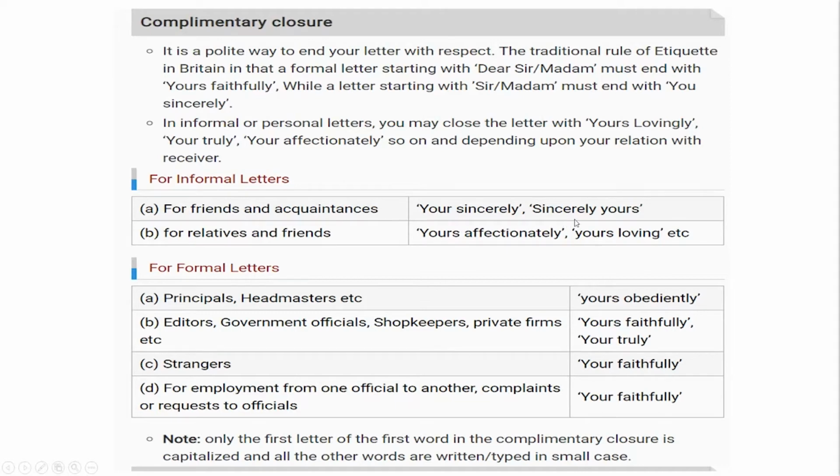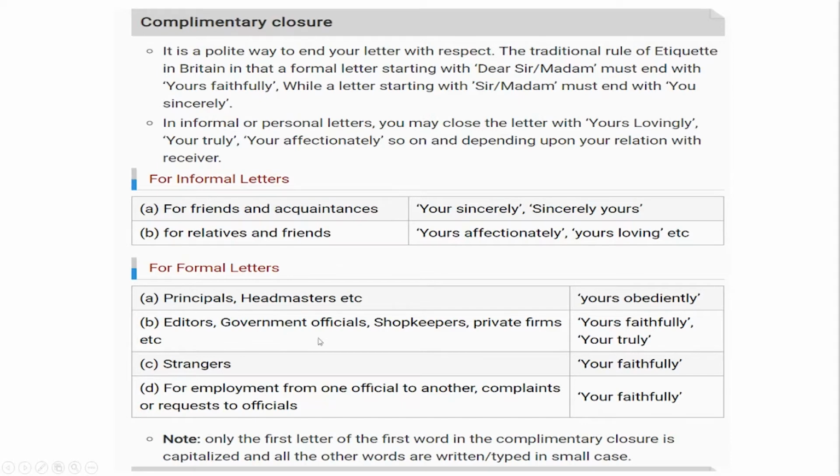For friends and acquaintances, Yours sincerely or Sincerely yours. For relatives or friends, Yours affectionately or Yours loving. Okay. And for formal letters to the principal or headmaster, in your HSC level, for a letter or an application to the principal, you have to write Yours obediently.